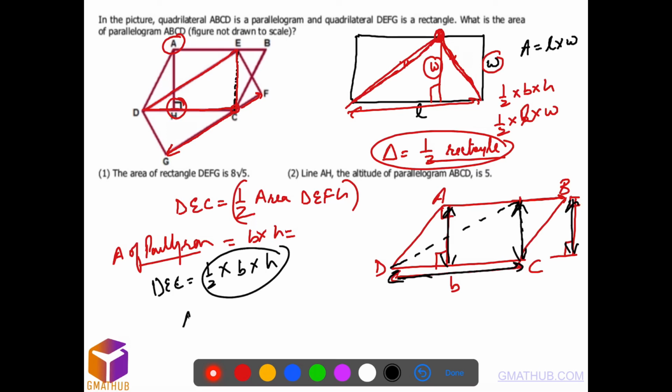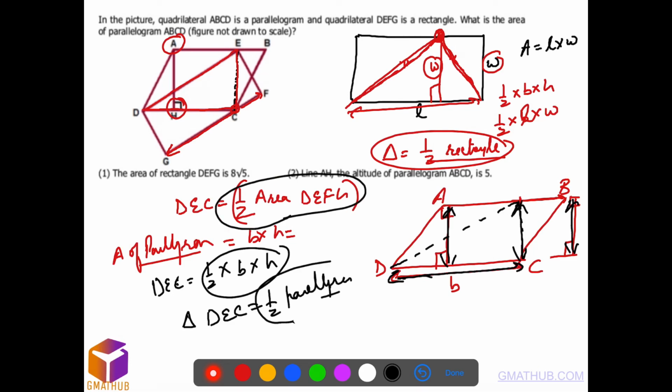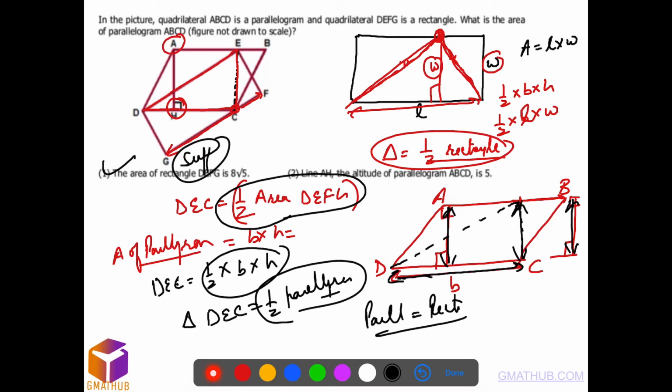So area of the triangle DEC is half of the area of the parallelogram also. It's half of the rectangle, half of the parallelogram, so parallelogram area is equal to area of the rectangle. First statement is sufficient. Second tells me altitude, this AH, it gives me nothing, this is not sufficient.